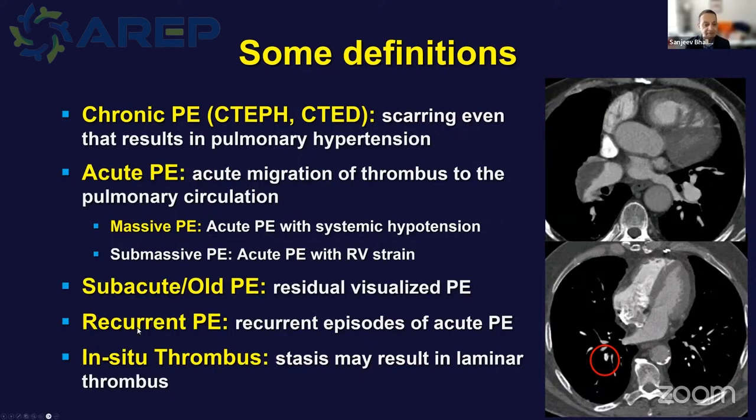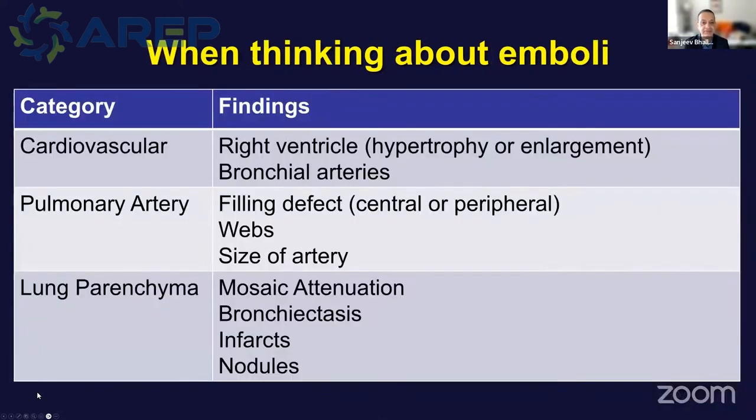Recurrent PE is where we have recurrent bouts of pulmonary embolism, and those are patients that may benefit from being worked up for a hypercoagulable state. And in situ thrombus is basically atherosclerosis of the pulmonary artery. It's something that we see in patients with long-standing pulmonary hypertension. So if you see a wall mural thrombus, it's possible that it's in situ thrombus.